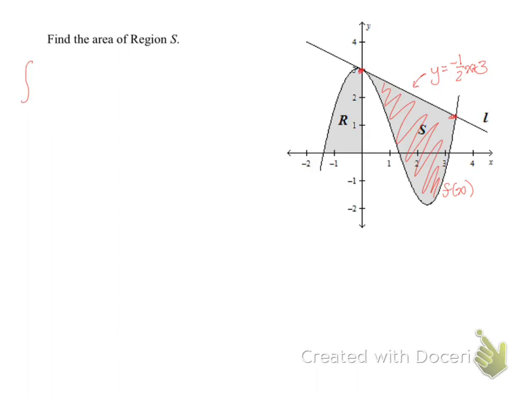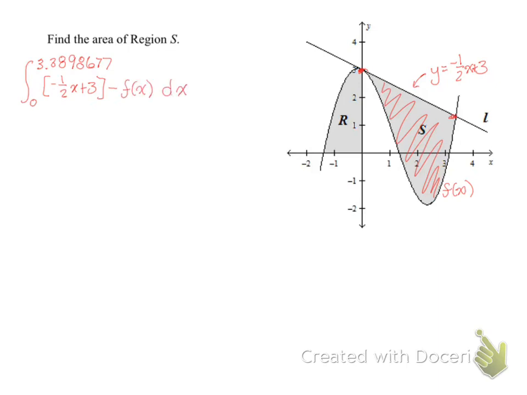So you're going to start at the first intersection point, which is 0, and then the next x value, which is 3.3898677. Okay, and you remember it's top minus bottom, so it's negative 1/2 x plus 3 minus f of x.